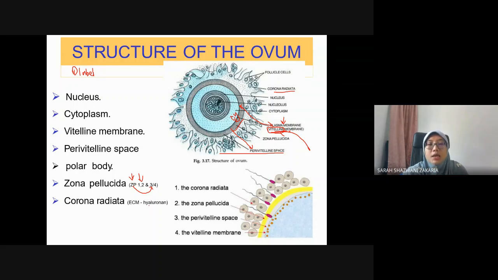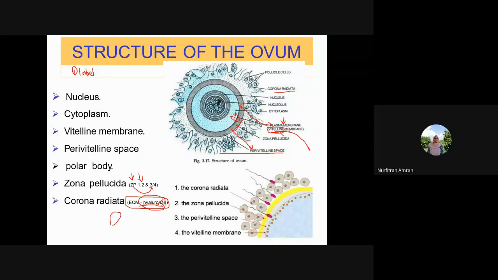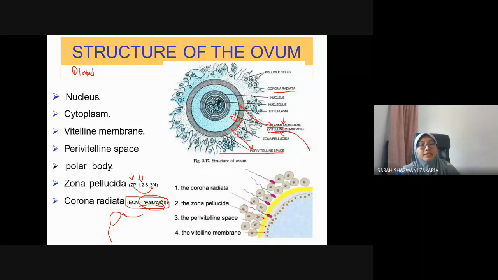This substance can be degraded by the enzyme in the sperm head. The sperm contains an enzyme that can digest the hyaluronan. That is the simple way.